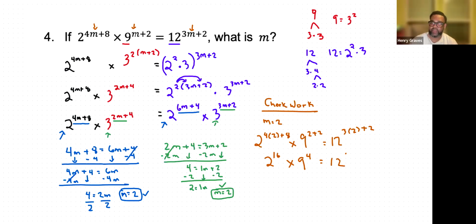So now, here's where it gets a little bit sketchy, somewhat. I've got to figure out what is 12 to the 8th power. So obviously I'm just going to use 12 raised up to the 8th power. I'm going to multiply 12 8 times.